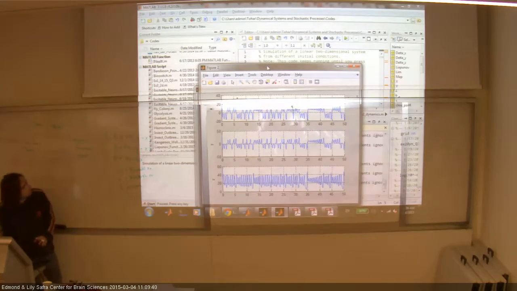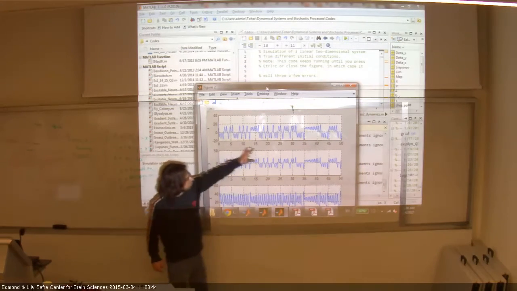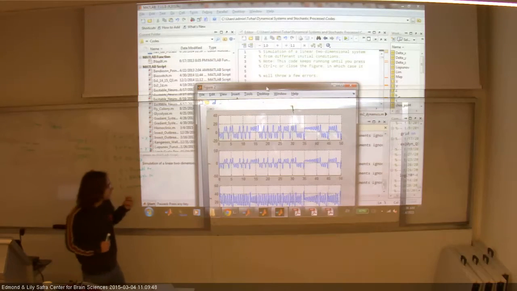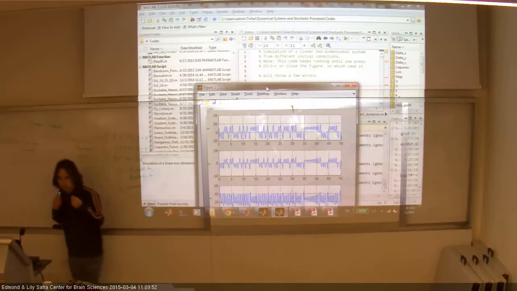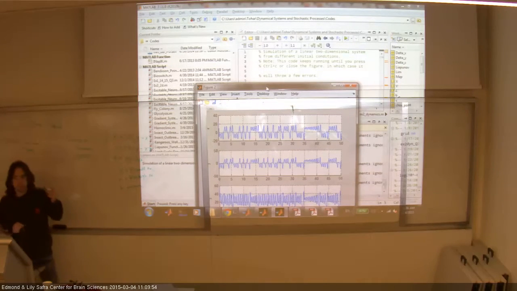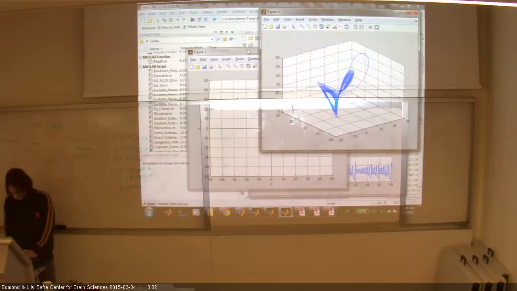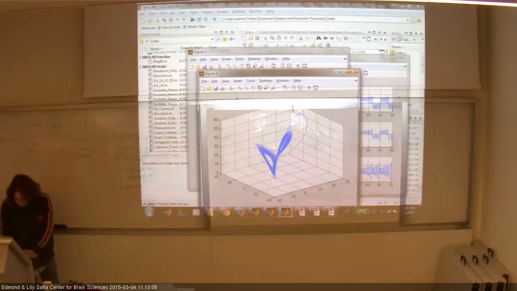And it turned out that these outputs of the system are not in fact periodic. Okay, and they do not settle to any fixed point or limit cycle, at least for this parameter range. And when we draw this in 3D, we get this famous butterfly shape.